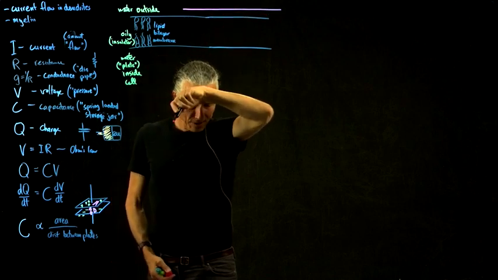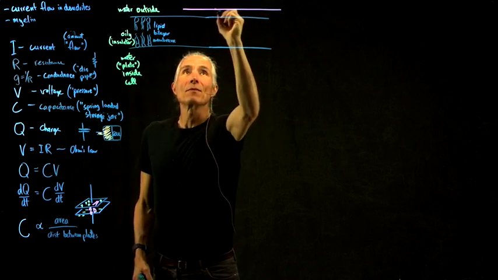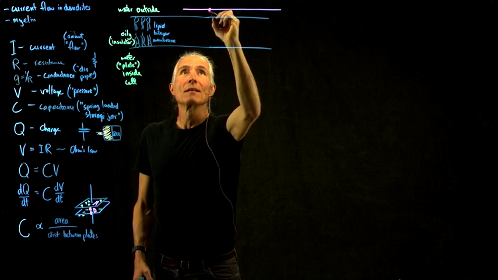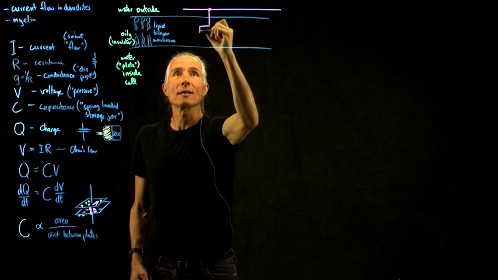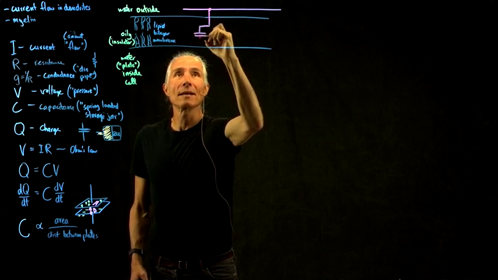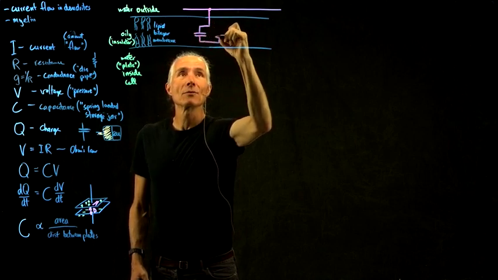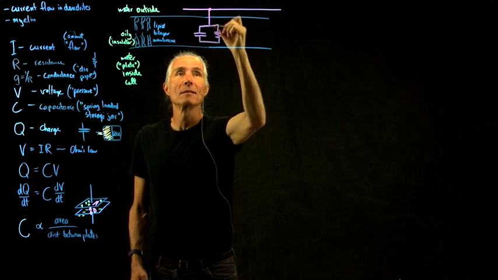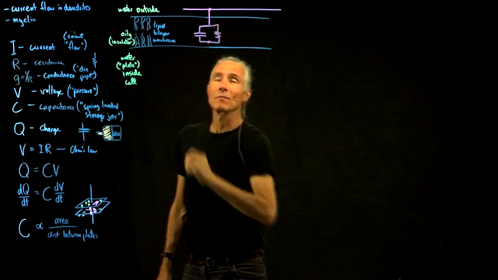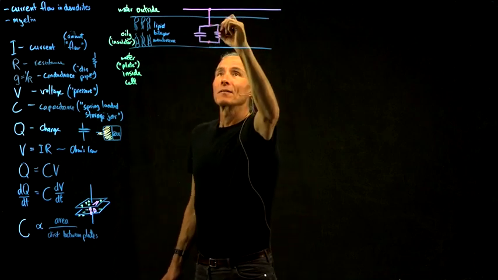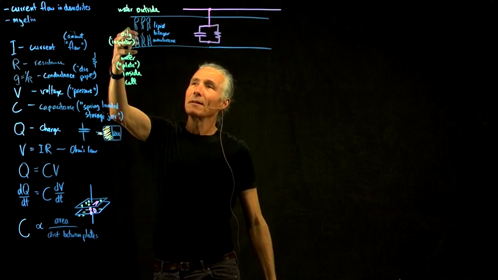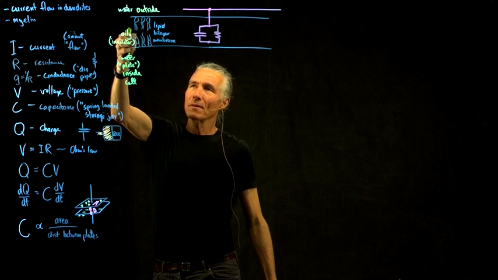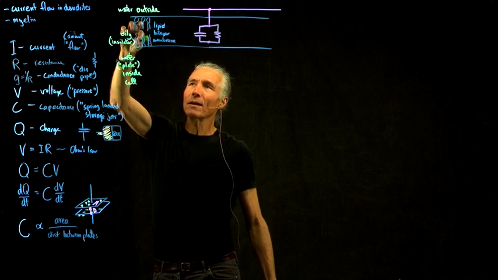So that's the outside. And then for the inside of the cell, the inside of the membrane, we model this as two things. We model it as some capacitance, but also some resistance. So what does that mean? That means that the membrane is just a single thing. It's just some lipids, a double layer of lipids with their oily tails touching each other.